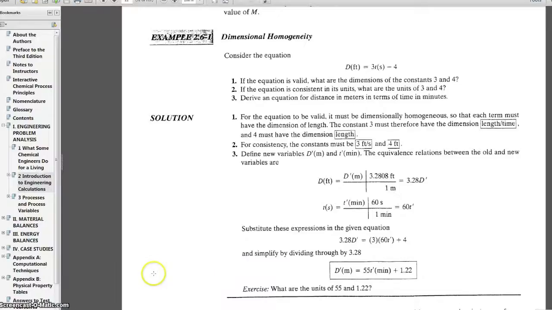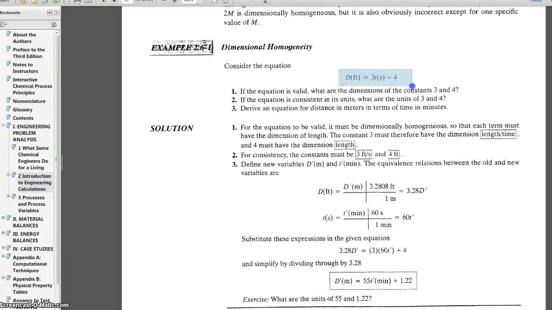Let's have a look at an example. I took it from the textbook, and it's example 2.6-1. So, consider the equation d equal to 3t minus 4.